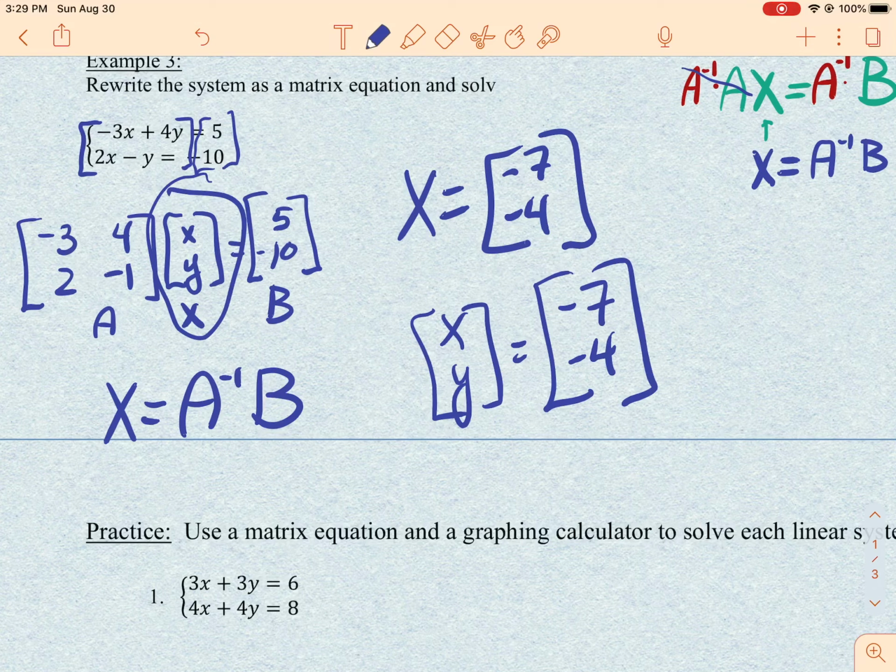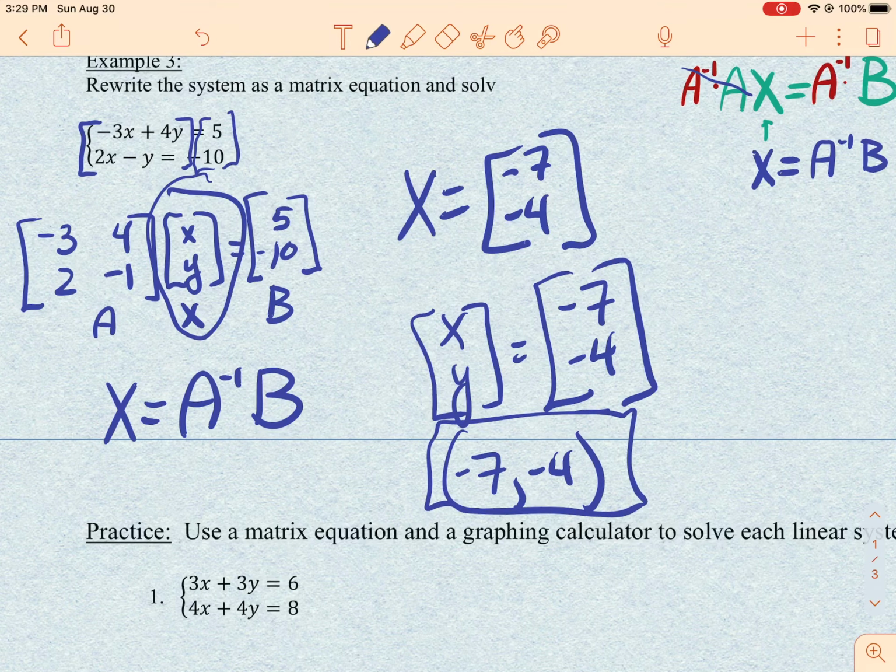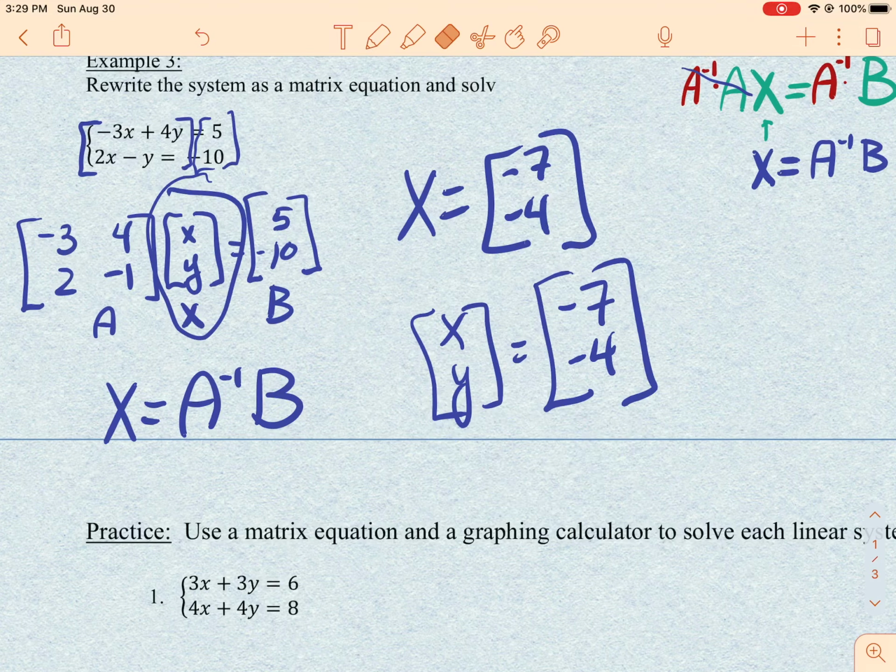So back when we solved these with elimination, substitution, graphing, we would write the answer as -7, -4, and that's showing that that's where those two lines intersect. We're okay writing it as just a matrix.